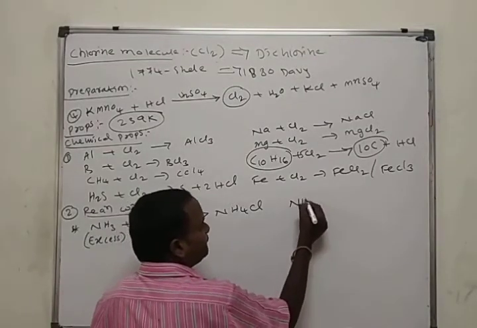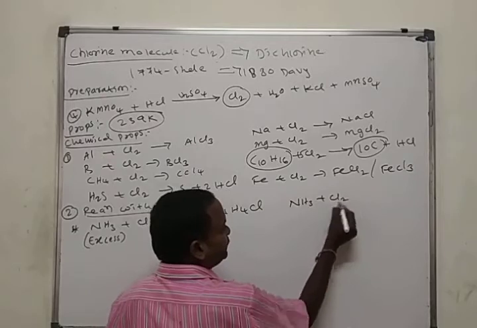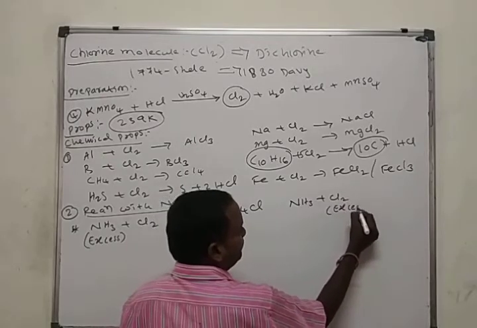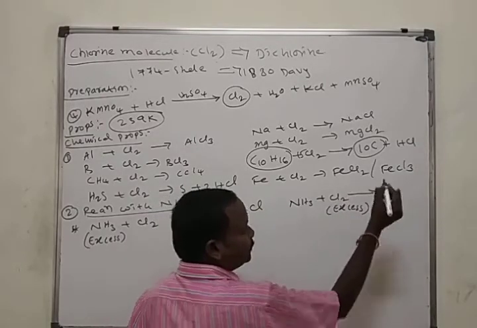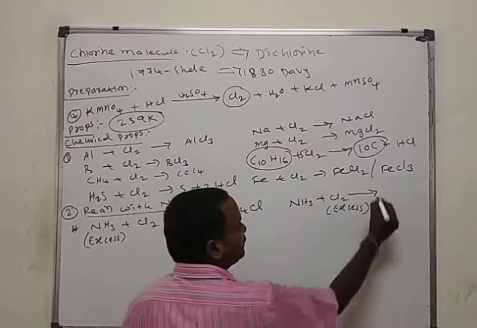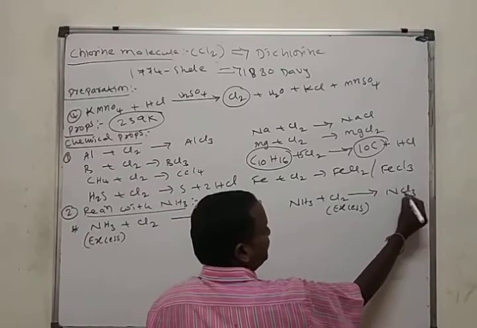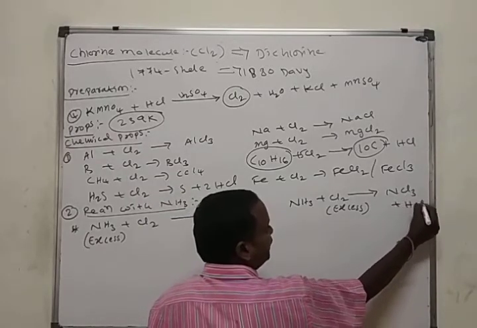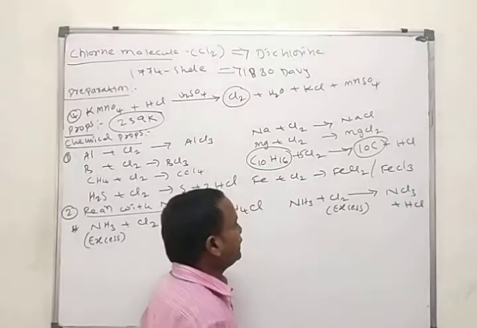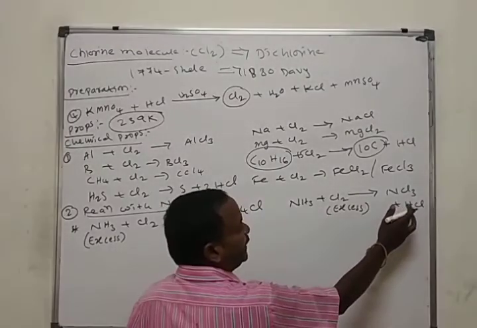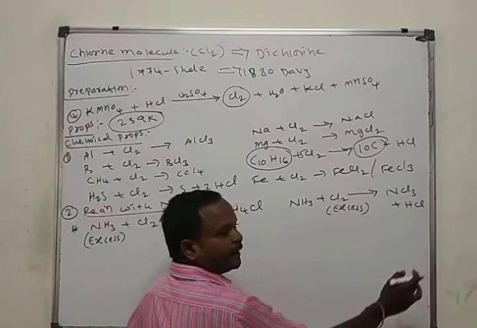When ammonia reacts with an excess amount of chlorine, it forms NCl3, nitrogen trichloride, along with hydrochloric acid.